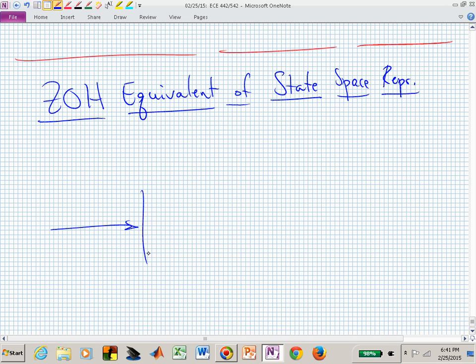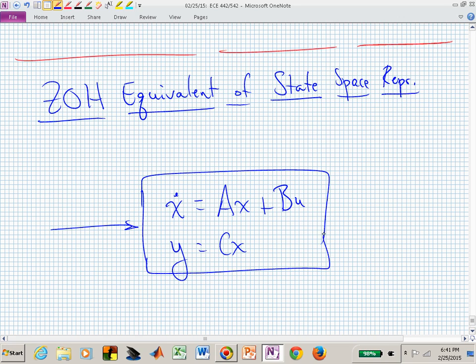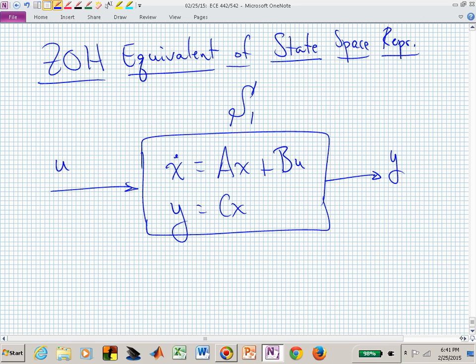In a picture, we now have x dot equal to Ax plus Bu, y is equal to Cx. Here is, let me call this S sub 1. Here is u and here is y. We want to precede that with a zero order hold and discretize it, or find the discrete equivalent.